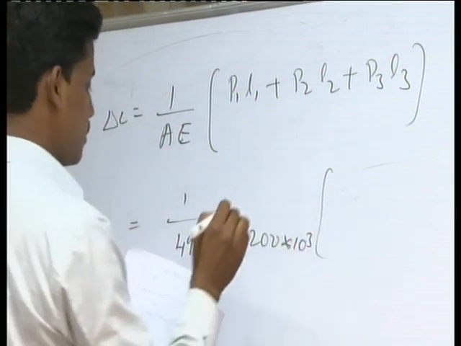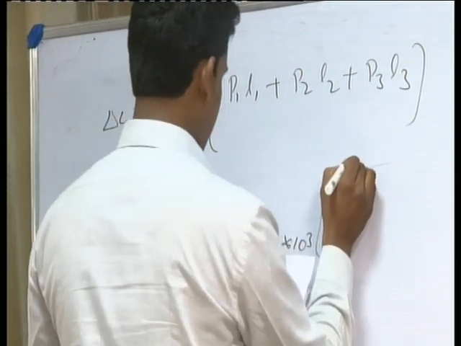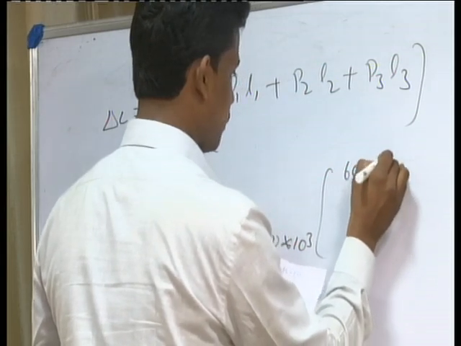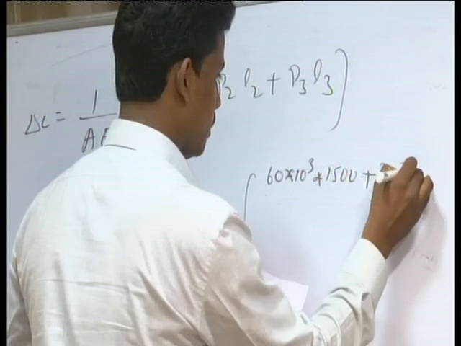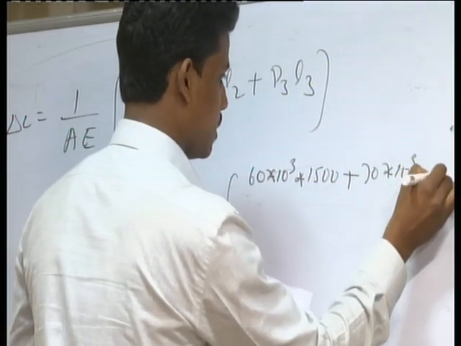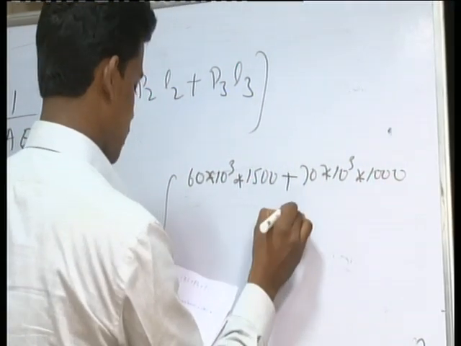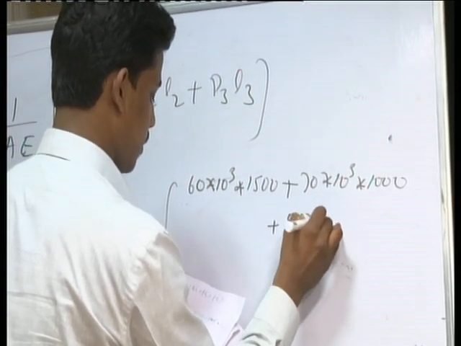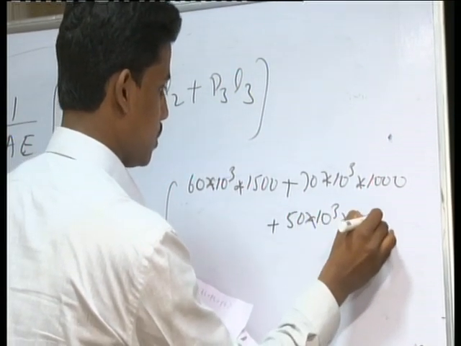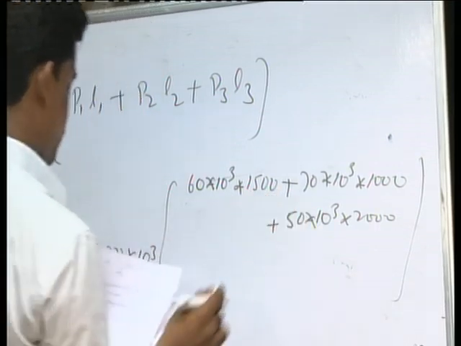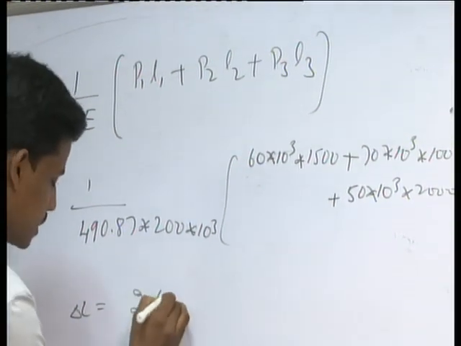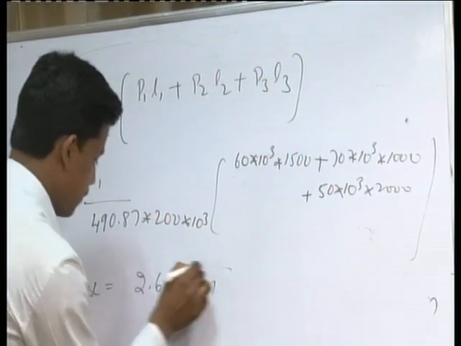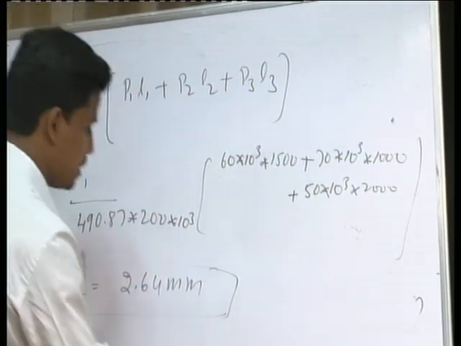So 60 into 10 to the power of 3 into 1500, plus 70 into 10 to the power of 3 into 1000, plus 50 into 10 to the power of 3 into 2000. Substituting these values, we get delta L as 2.64 mm.